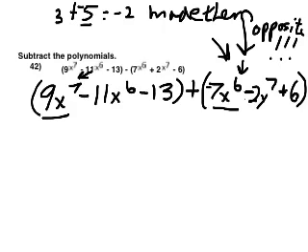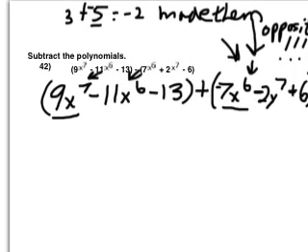I have to combine that with this one. Okay, so I could say to myself, a negative 11x to the 6 plus a negative 7x to the 6 gives me a negative 18x to the 6th.